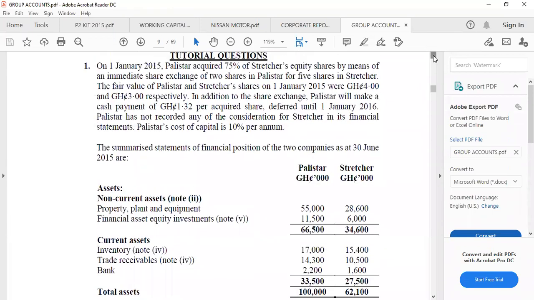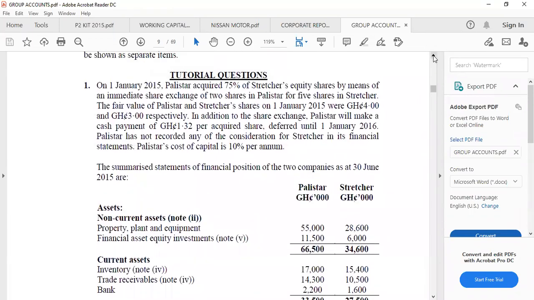So we are done with the first part. That is the share exchange. What's next? Let's move on.